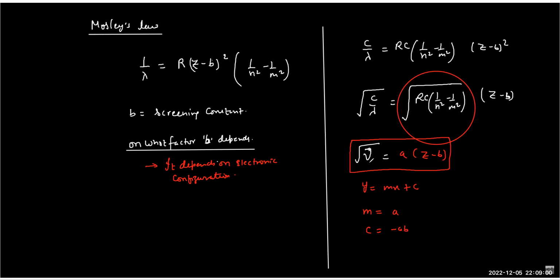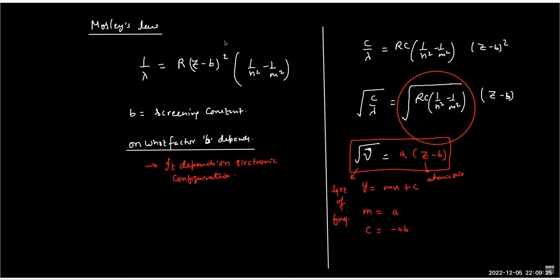Now this is the square root of frequency, and this is the atomic number. If you plot the square root of frequency versus atomic number, the graph is going to be a straight line, right?